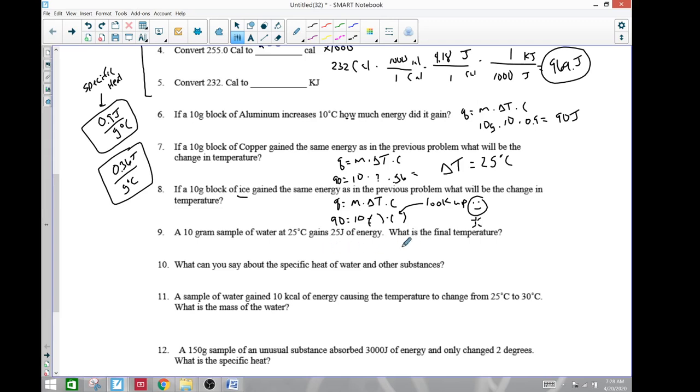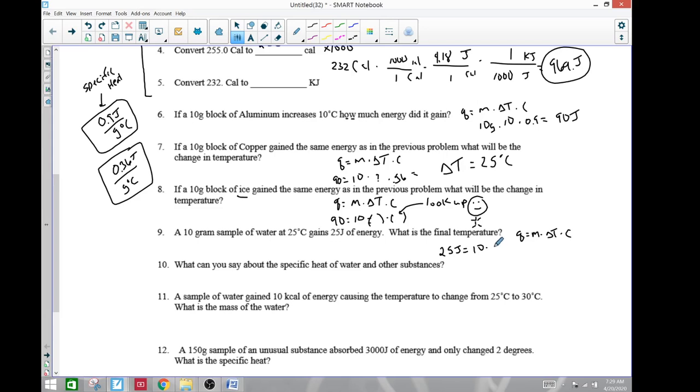So we're going to use this guy here. Q equals mass times change in temperature times specific heat. So Q is going to be the 25 joules. The mass is 10 grams. Change in temperature is what they want. They want TF.